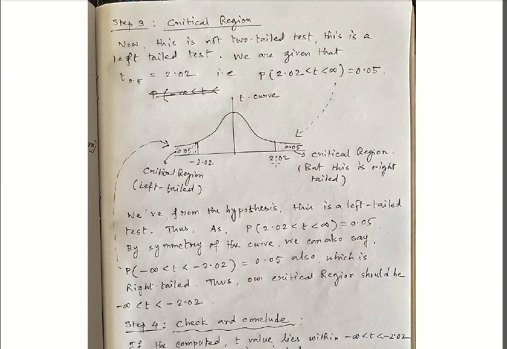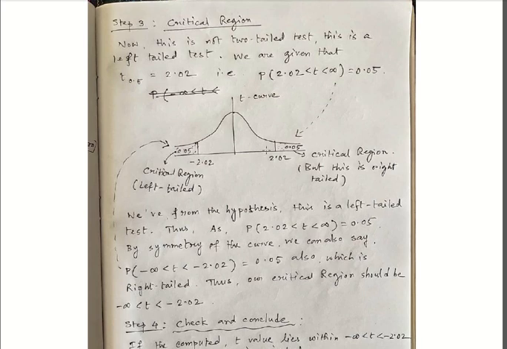So if 2.02 to infinity is 0.05, obviously minus 2.02 to minus infinity is also 0.05. So we need to test it in the left sided region.